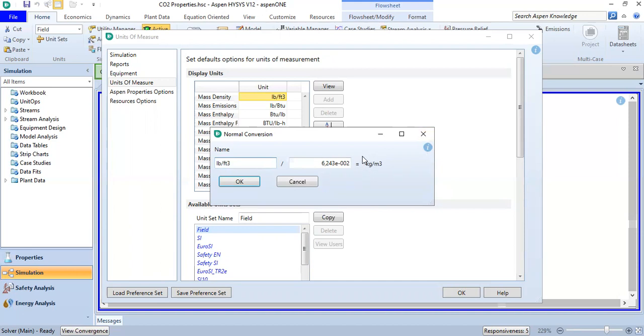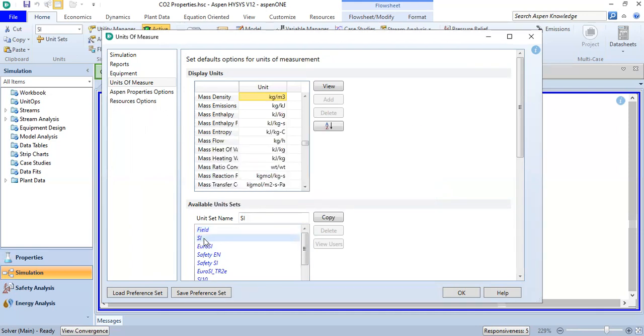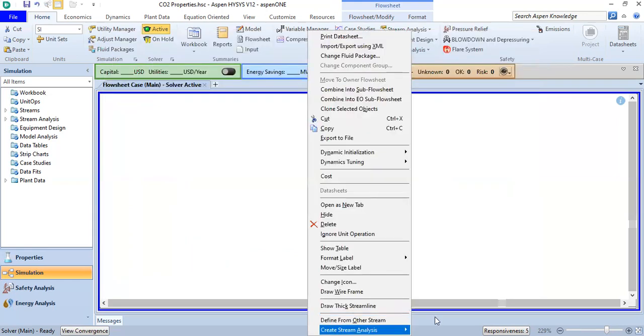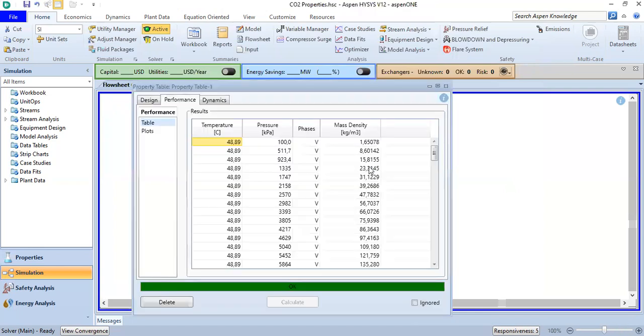spreadsheet. Okay, so by the way, you can directly change it to international standard unit. Now you see the unit is in kilogram per meter cube. Click OK. Now I go to the property table again, and now my mass density is in kilogram per meter cube, and now it makes much more sense.